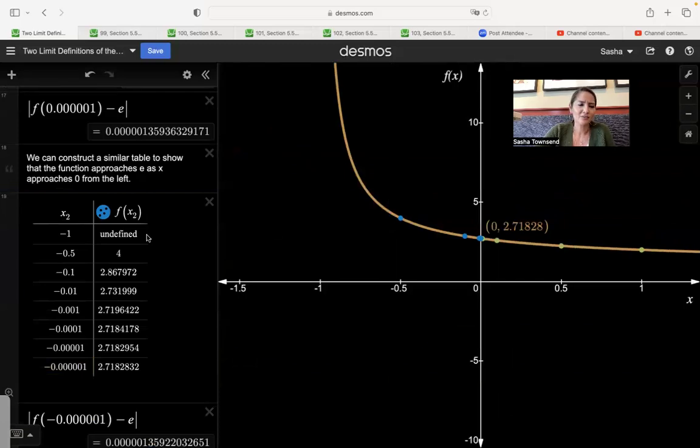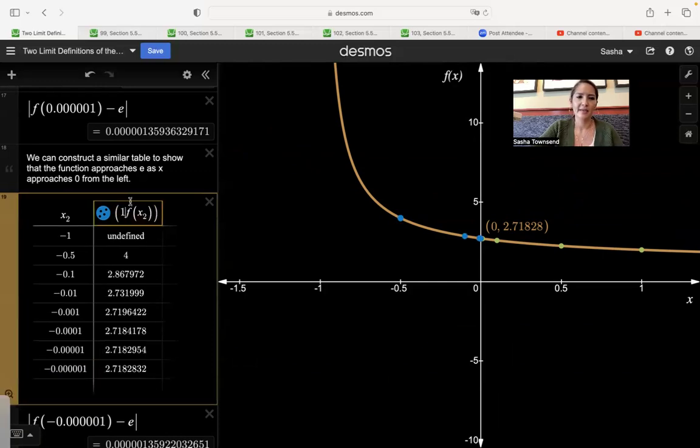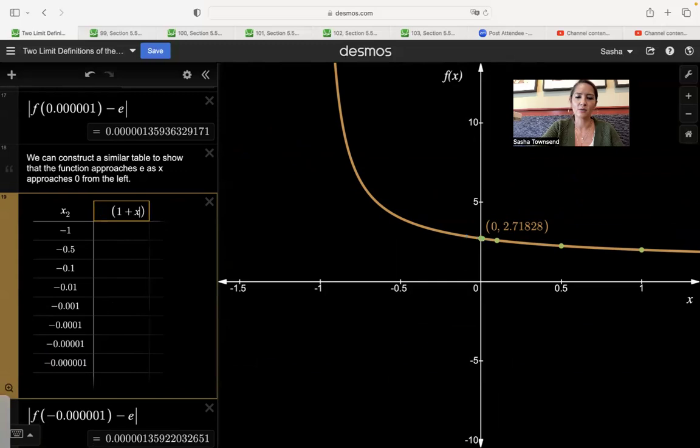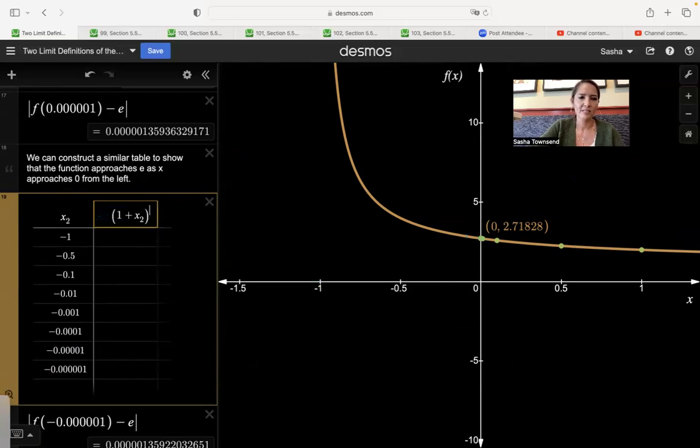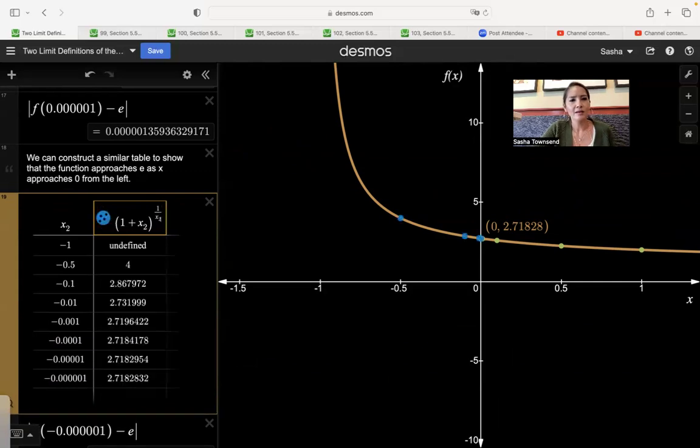And you might think, why does this function have an asymptote at -1? Let's actually type in that function again. It's 1 plus the x value raised to the 1 divided by that x value. You'd say, well, if I substitute in -1, my exponent is 1 divided by -1, which is -1. And then we have the base of 1 plus -1, which is 0.